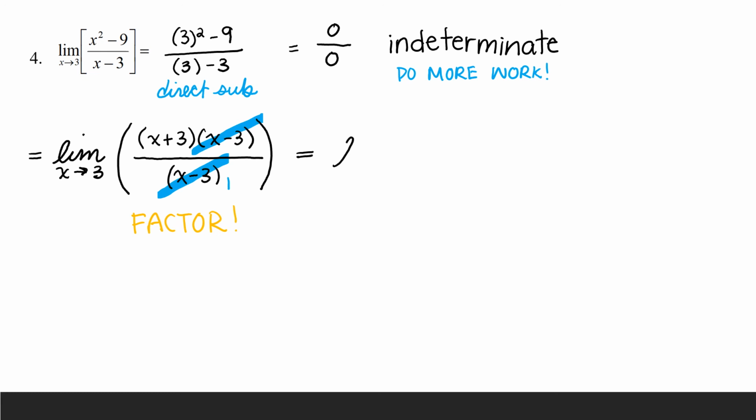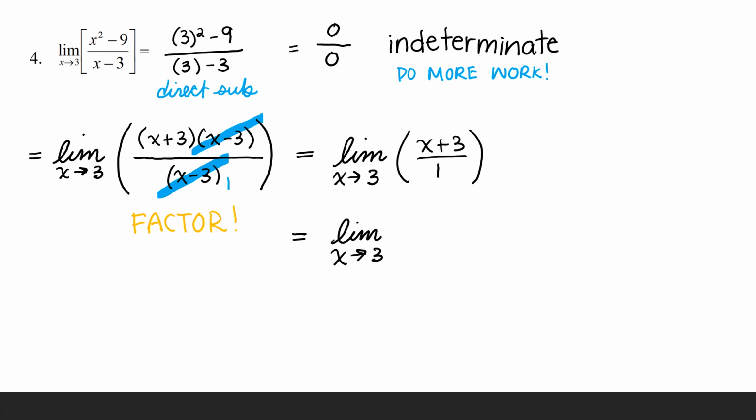So this is equal to the limit as x approaches 3 of x plus 3 over 1. And the limit as x approaches 3 of x plus 3 over 1 is just the limit as x approaches 3 of x plus 3.